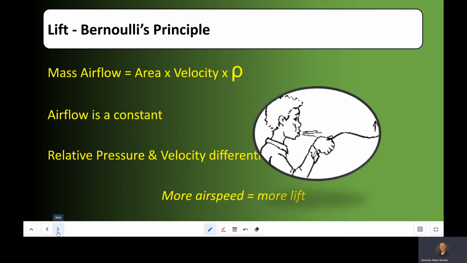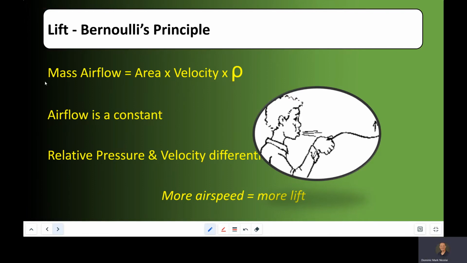Let's think about lift development in terms of a couple of different principles, starting with Bernoulli's principle. Bernoulli was a scientist who lived several hundred years ago and did experiments with a restriction.